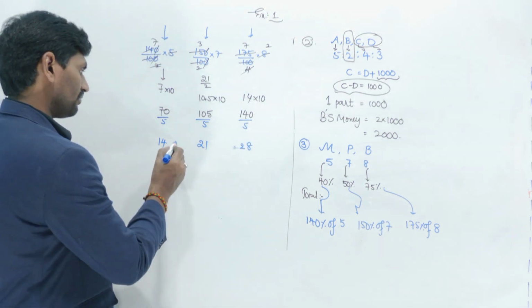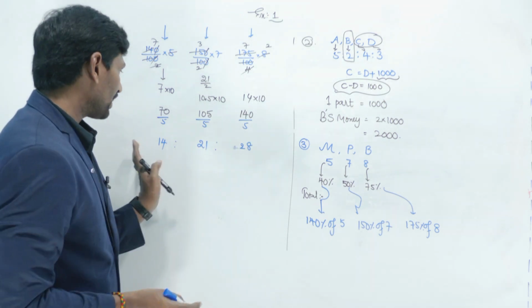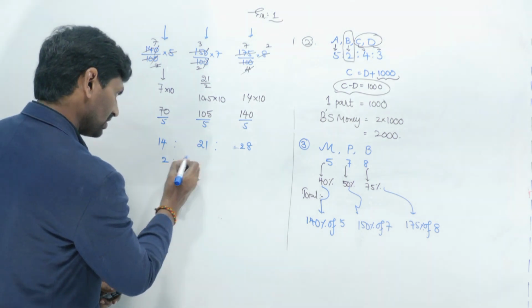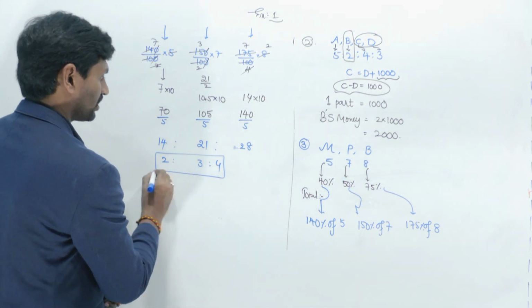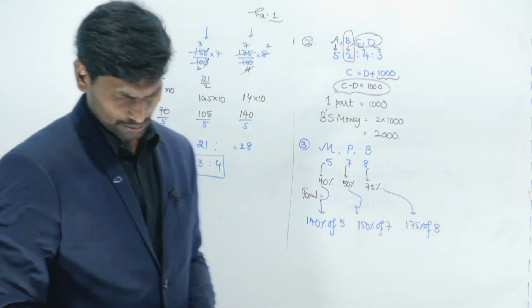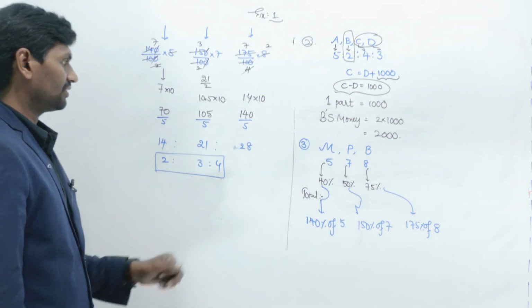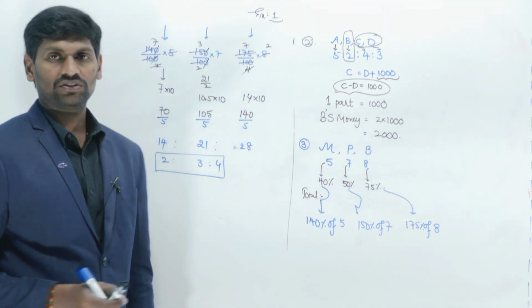So the ratio of them is 14, 21, 28. Or all of them can be cancelled in 7 table clearly. We can say that 7 2s are 14, 7 3s are 21, 7 4s are 28. So 2:3:4 is our required answer after increasing that. Yeah, 2:3:4. Check. It is feeling like a little bit of confusion, but okay, you can understand.